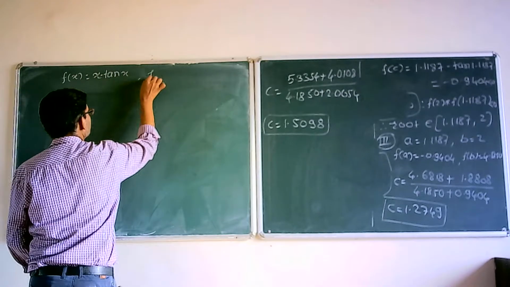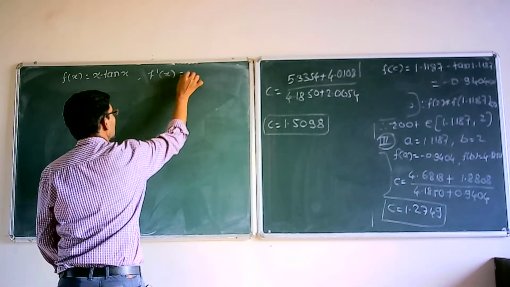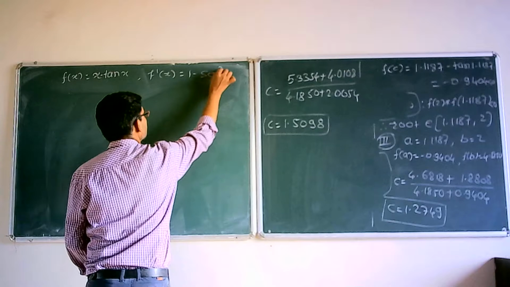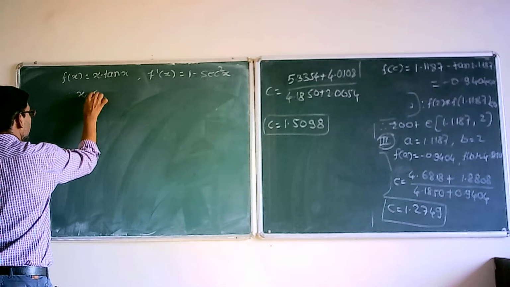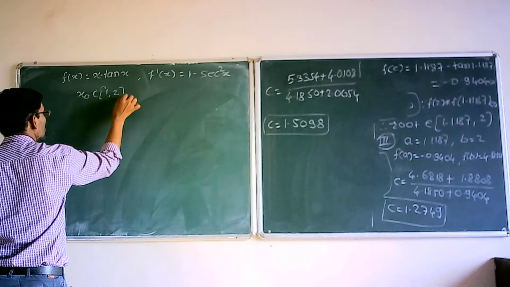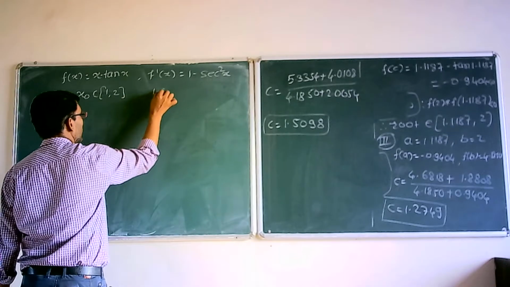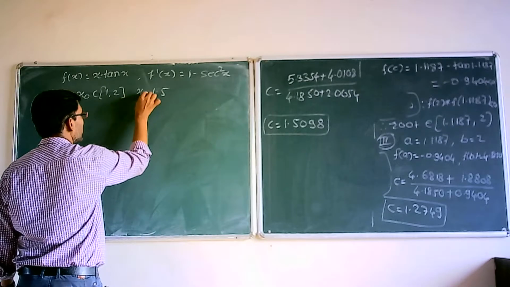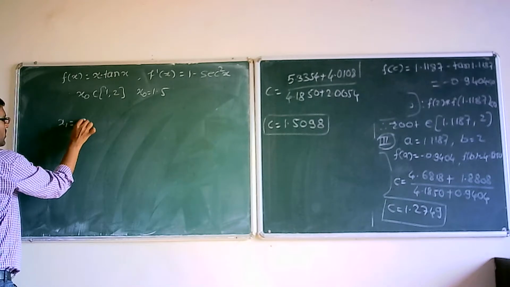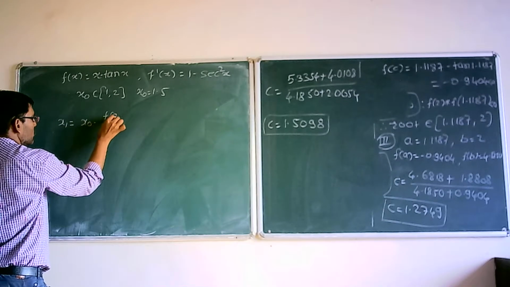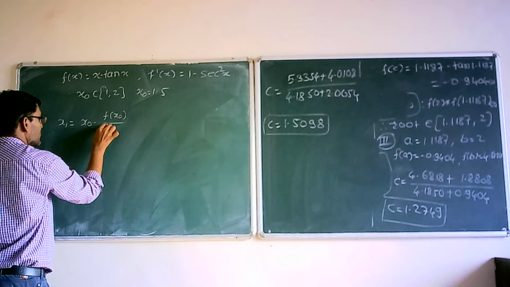So f dash x is 1 minus sec square x. What is our x0? Select any x0 belonging to 1 to 2. If you select x0 as 1.5, what is x1? x1 is x0 minus f of x0 divided by f dash of x0.